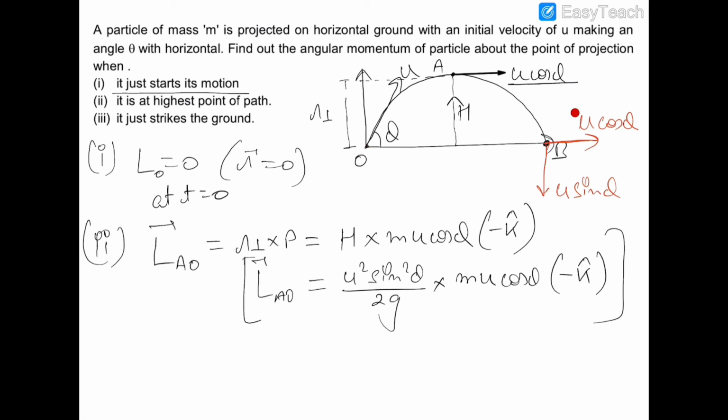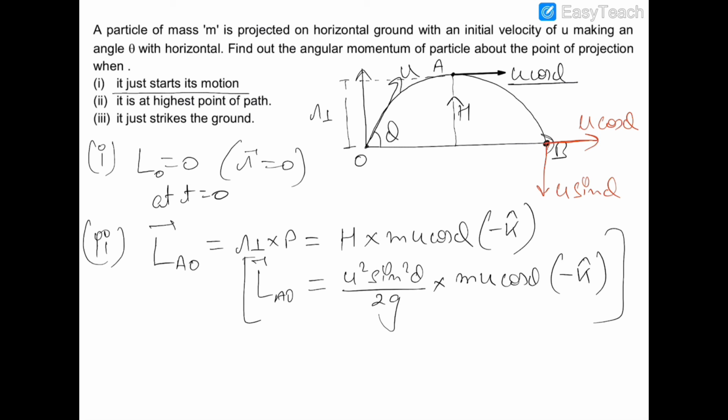Therefore the angular momentum due to this x component about O will be 0, because it is itself passing through point O and the perpendicular distance of this component from the origin is 0.